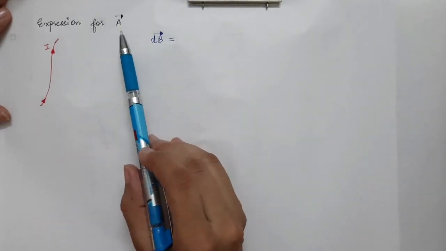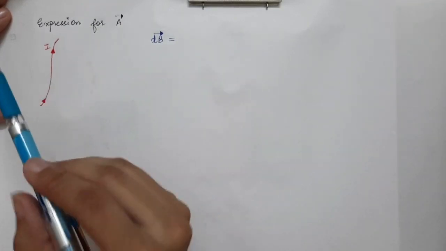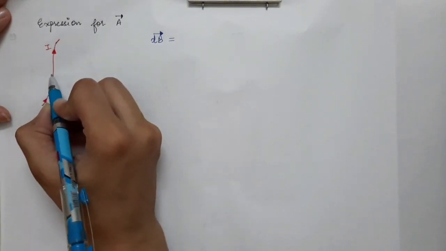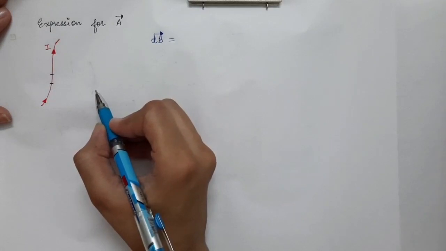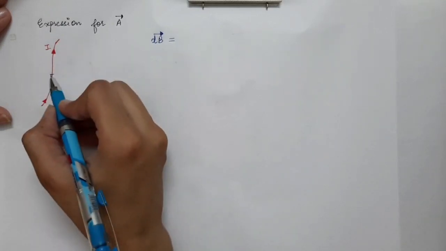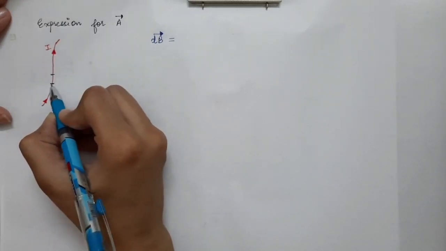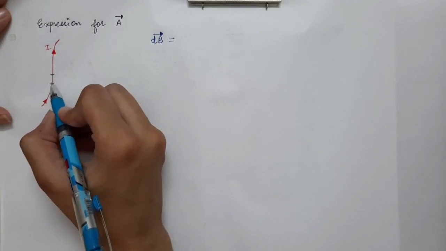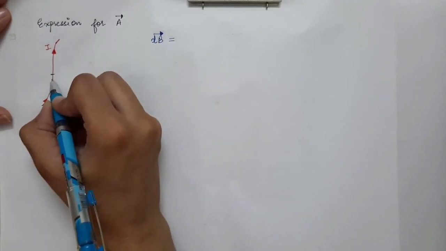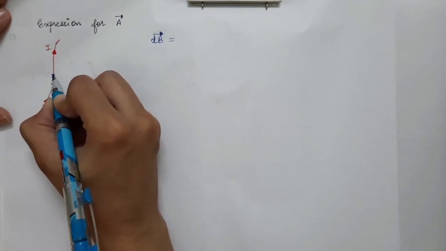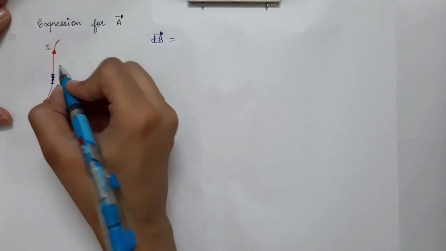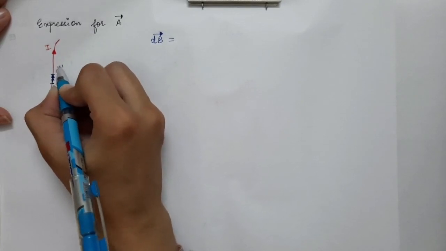To start off, we take a current element. That is the most general thing that we do when we are finding the magnetic field. We are going to take a current element or a line element over here, and let's call this line element vector dr prime vector.